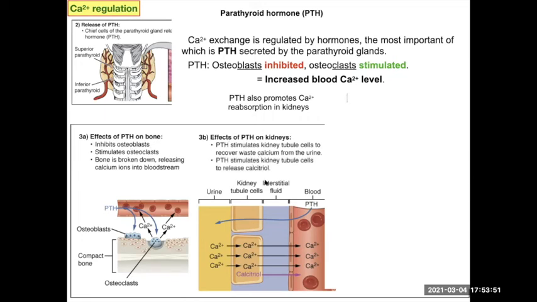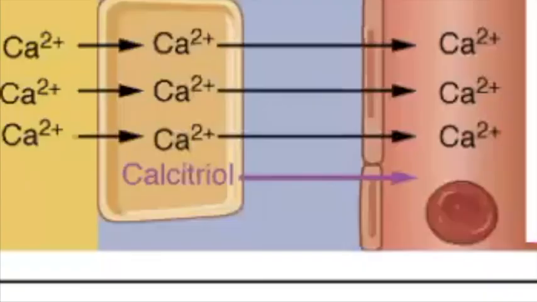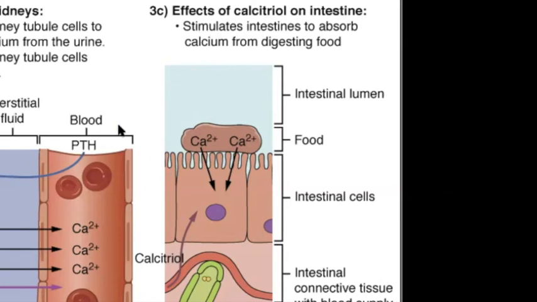Another thing it does within the kidney: there's another hormone, it's an active form of vitamin D, calcitriol, that is released. It goes into the bloodstream, flows around, and eventually ends up in your digestive system, where it affects calcium absorption.